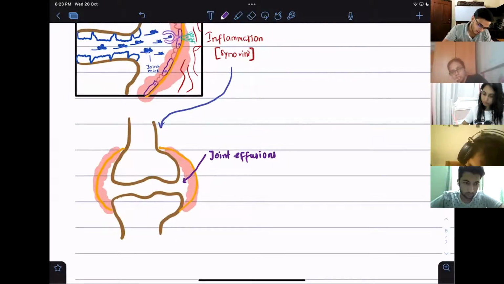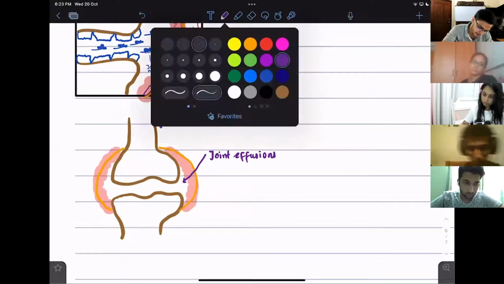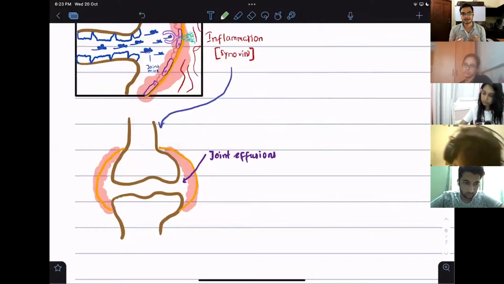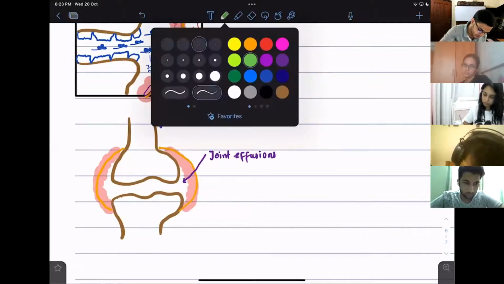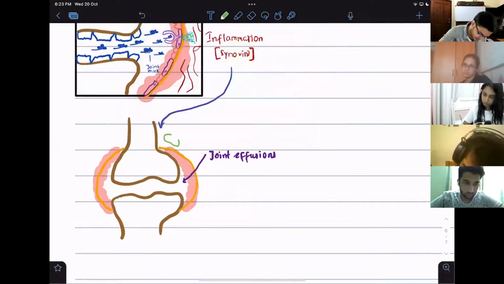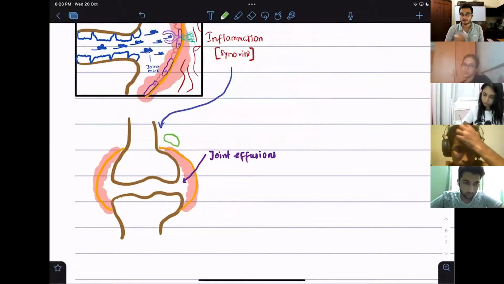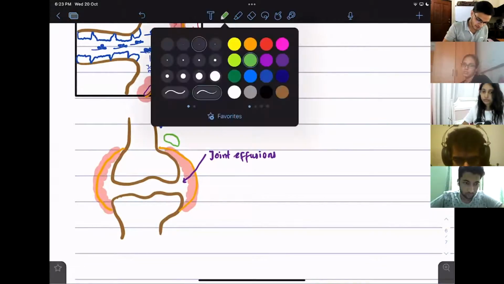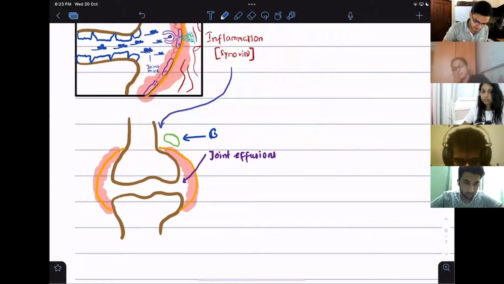Now, if you all remember, some adjacent structures, you all know inflammation can spread from one tissue to another. Remember we drew a structure here. This was the bursa. If the inflammation spreads to the bursa also, what do we call it? Bursitis.